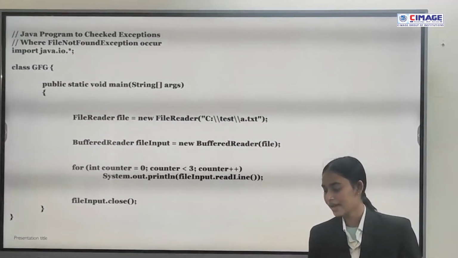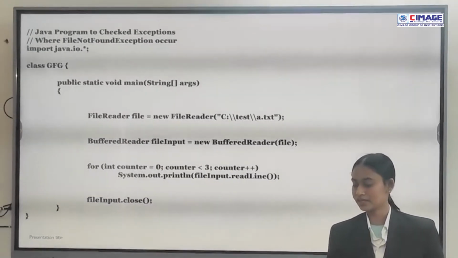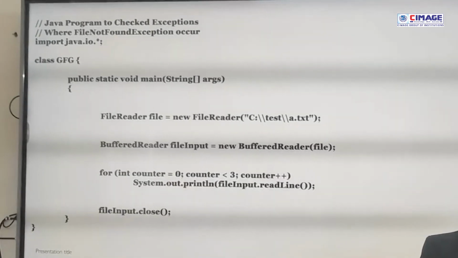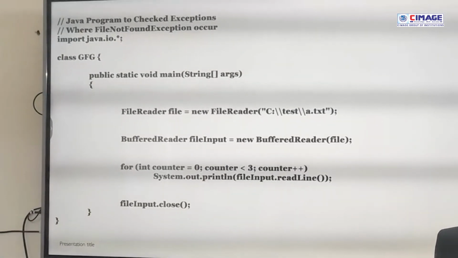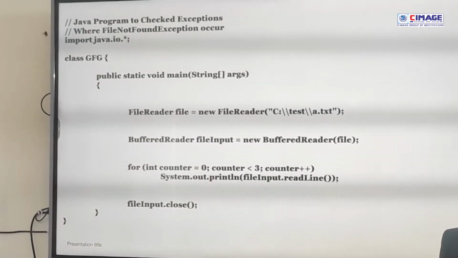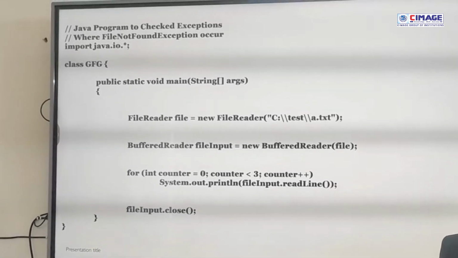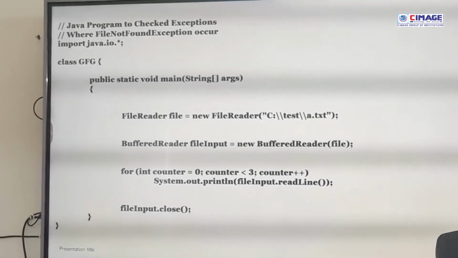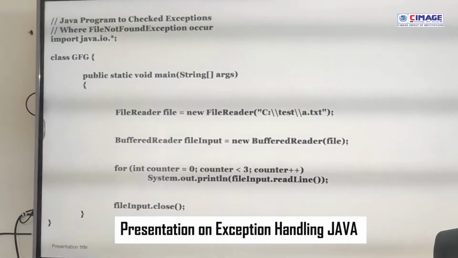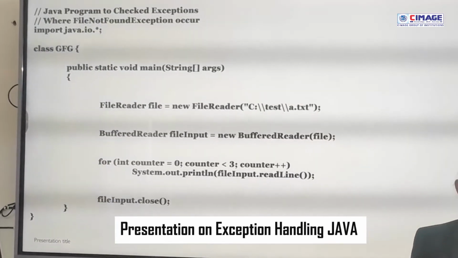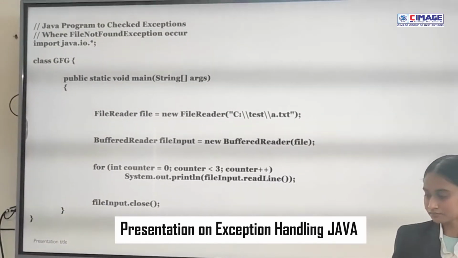I have created a FileReader object named file to read the content of the file, and then I have written a BufferedReader object named fileInput, which is used to read text from the file.